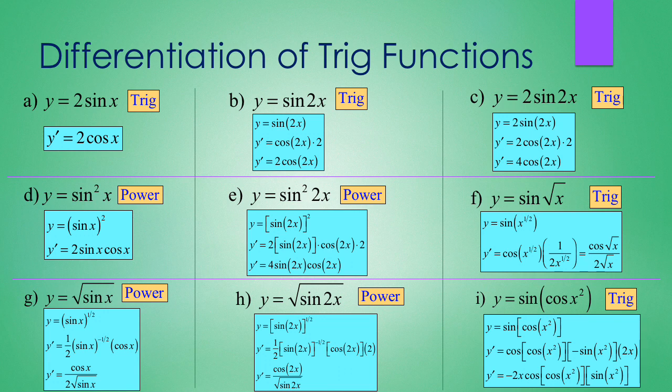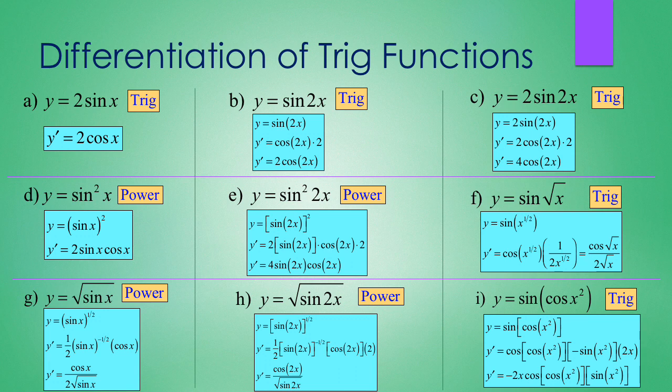Problem I shows how complicated these can get. The problem reads y is equal to sine of cosine of x squared. We rewrite that with brackets and parentheses as shown. This is a trig problem. You're asked to take the derivative of a sine of an expression. The derivative of the sine of an expression is a cosine of that expression times the derivative of that expression.